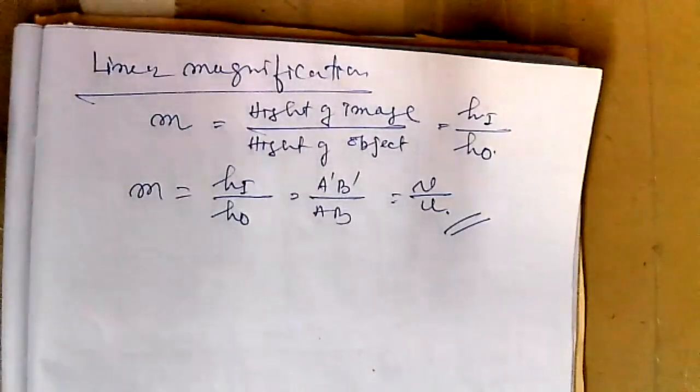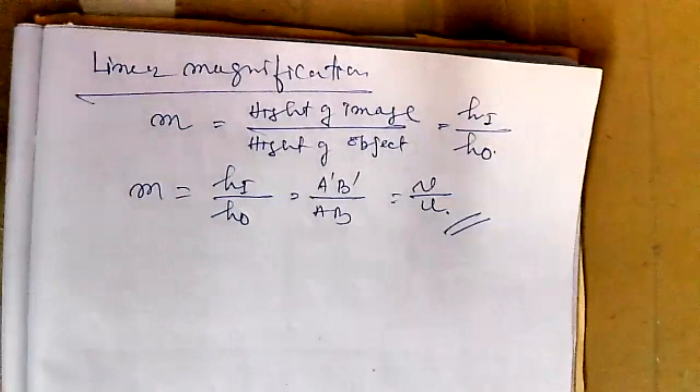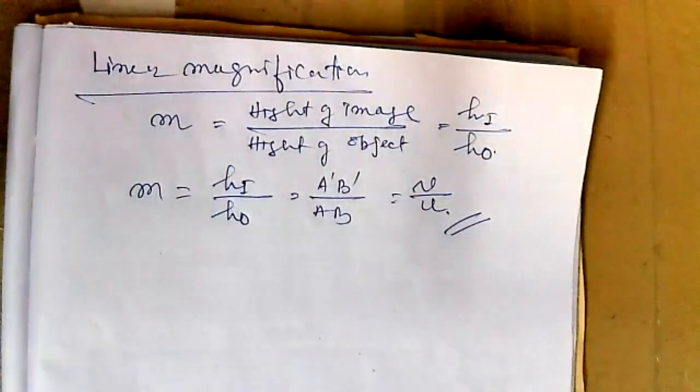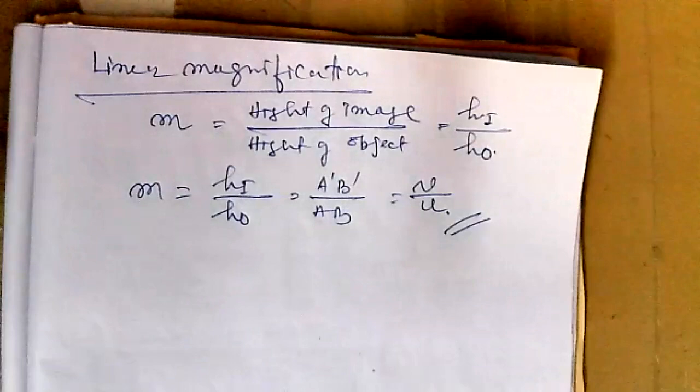Now, if there is any medium, it may provide some resistance to the flow of light. So in different medium, velocity of light is different. On the basis of velocity of light, we have defined a term which is called optical density of the medium.